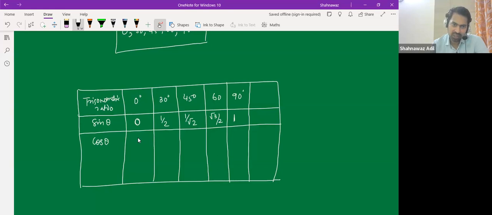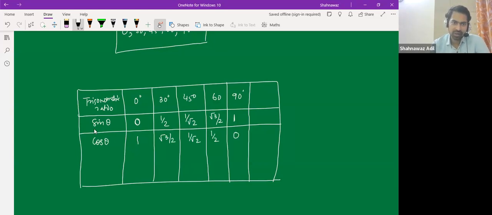So what should be in here? If we take the opposite order, it is 0 to 1. So what should be here, Shaima? 1, right? And then root 3 by 2, and then this is 1 by root 2, 1 by 2, and then 0.